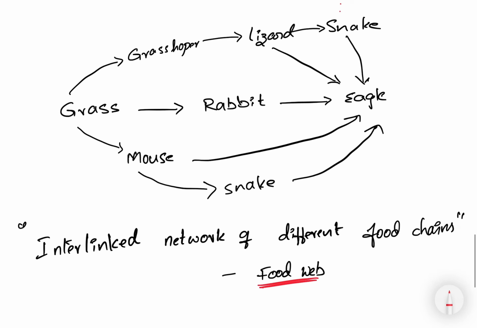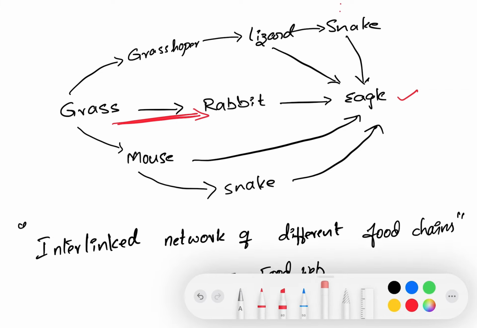In the example, you can see different organisms on the screen. Grass is eaten by the rabbit, and the rabbit is eaten by the eagle. What happens if the rabbit continuously eats the grass? One fine day, the grass will disappear.